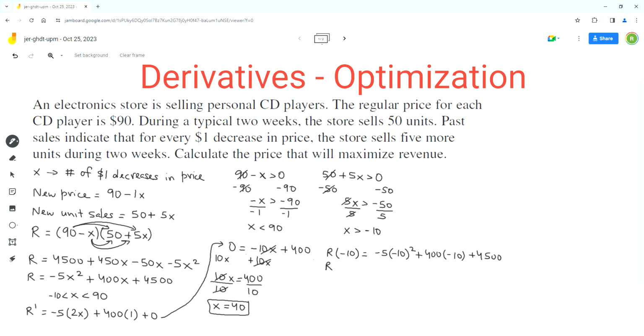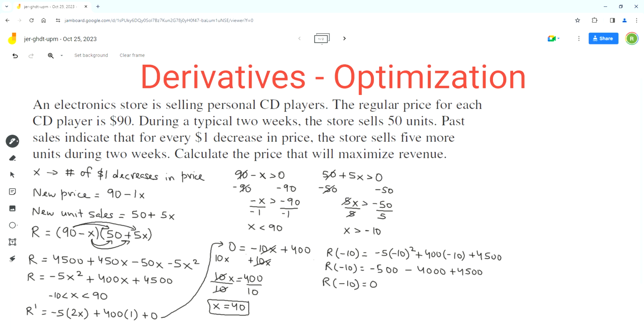So r at negative 10 is equal to negative 500, since negative 5 times negative 10 squared is negative 500, and negative 4000 plus 4500. So r at negative 10 is equal to 0.